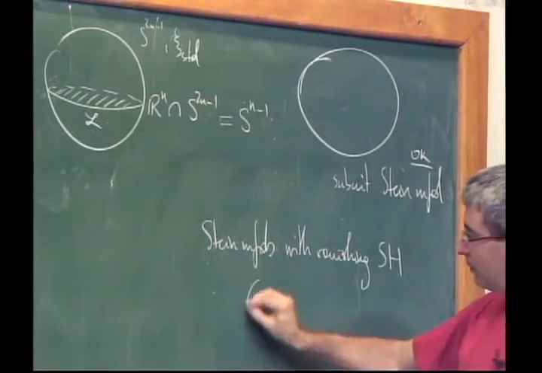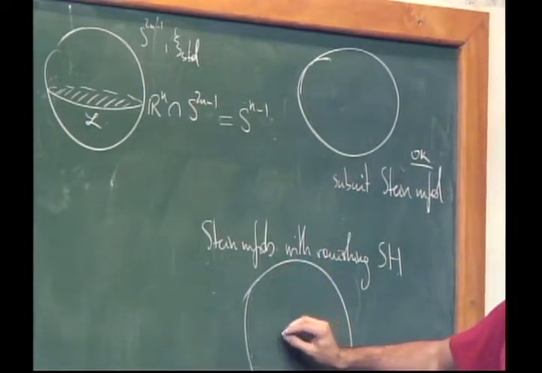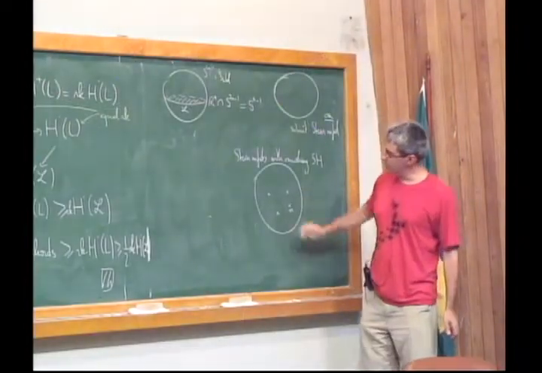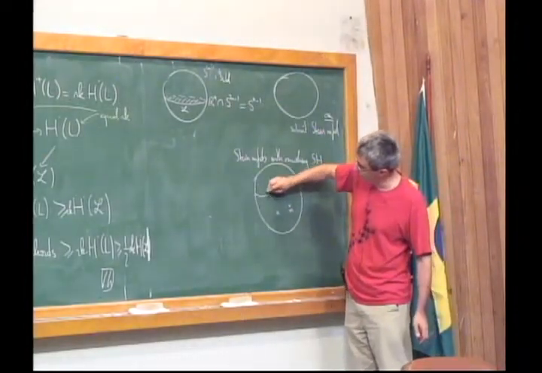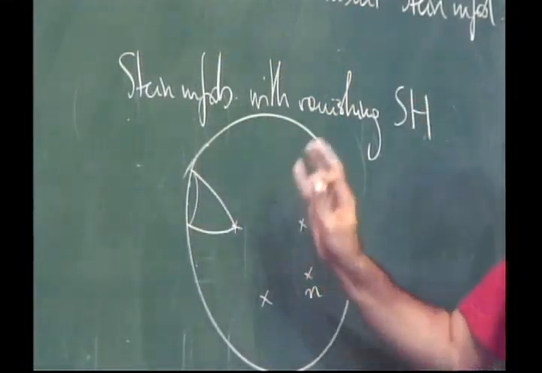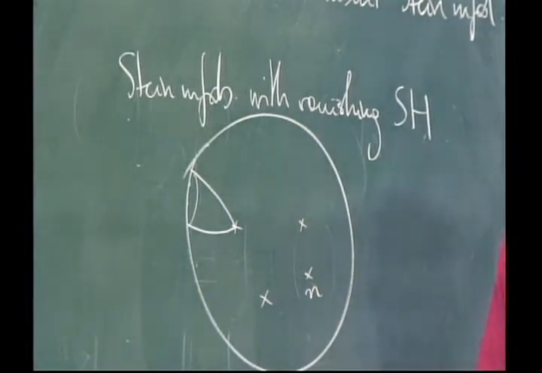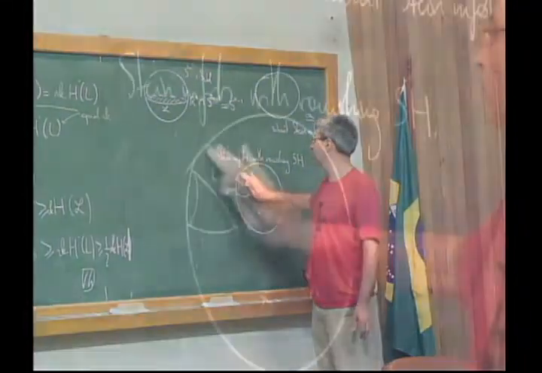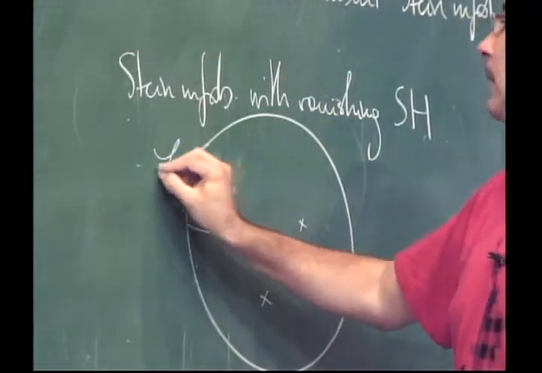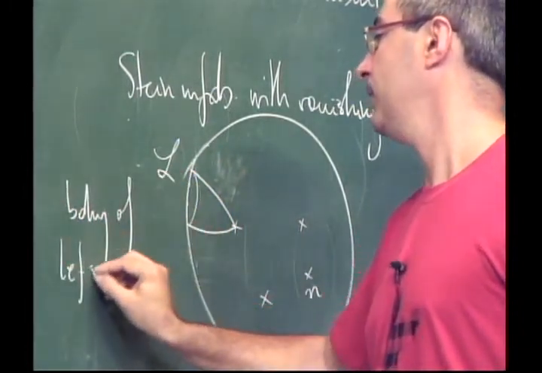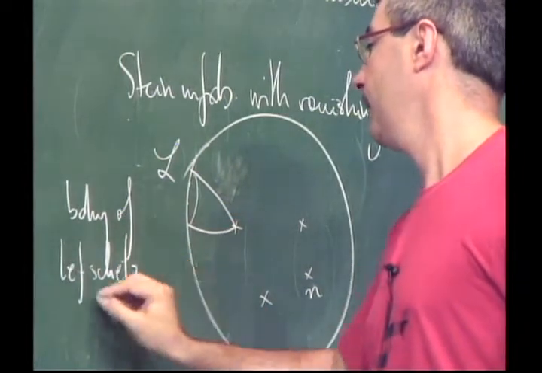Those Stein manifolds are actually total spaces of Lefschetz fibrations, and for each critical point of index n of the Lefschetz fibration, there's something that's called the Lefschetz thimble. And the Lefschetz thimble is a disk that is going to intersect the boundary along a sphere, right? And disks are, of course, exact. So these are the boundaries of Lefschetz thimbles.